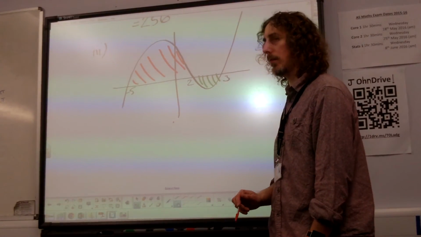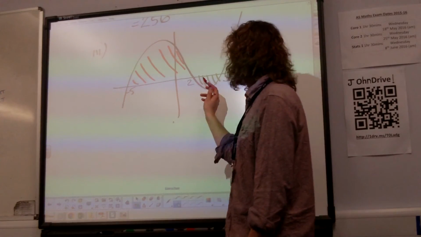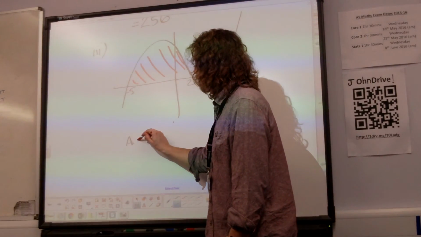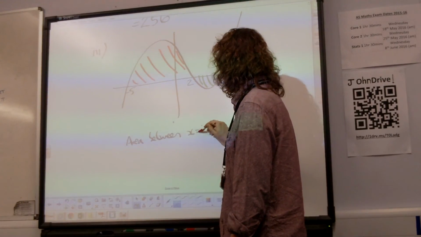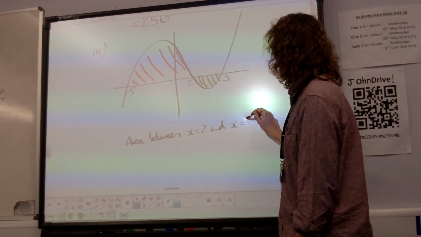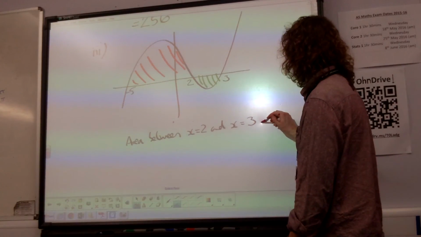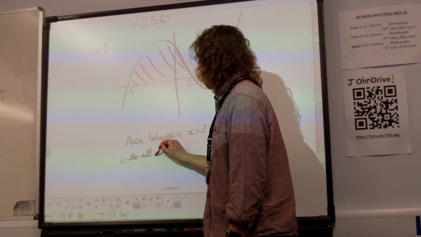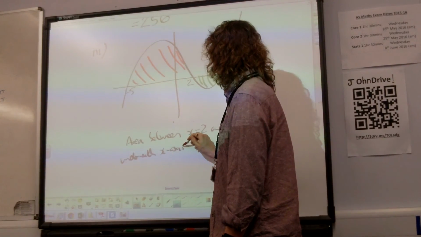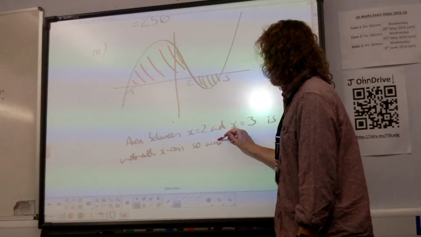And so the reason is that the area between 2 and 3 is underneath the axis. So we contribute a negative amount.